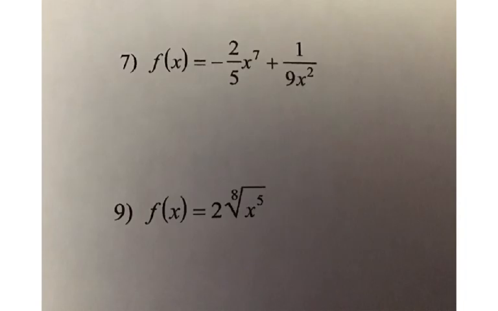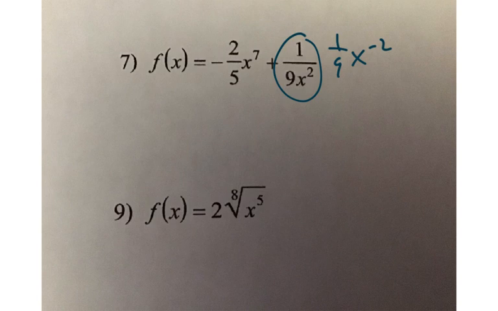Okay, so continuing on here. Hopefully my video didn't mess up while I was pausing it to take a few more problems in here. But I'm going to rewrite this as 1/9 x negative 2. So we have here negative 2/5. The 7 comes down.